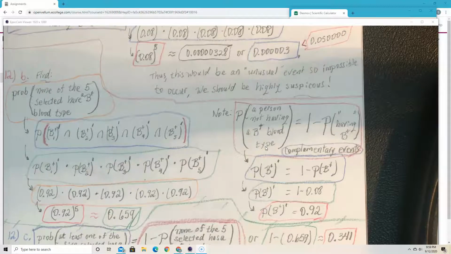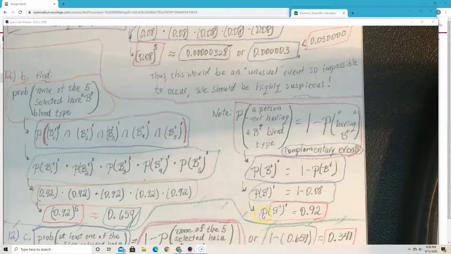You randomly select a person and test their blood, what's the probability that they do not have B positive blood type? It's 1 minus the probability that they would have B positive blood. So the probability of B positive prime, that means not having B positive blood type, equals 1 minus the probability of having B positive blood type, which is 1 minus 0.08 from the directions up here. 1 minus 0.08 is 0.92.